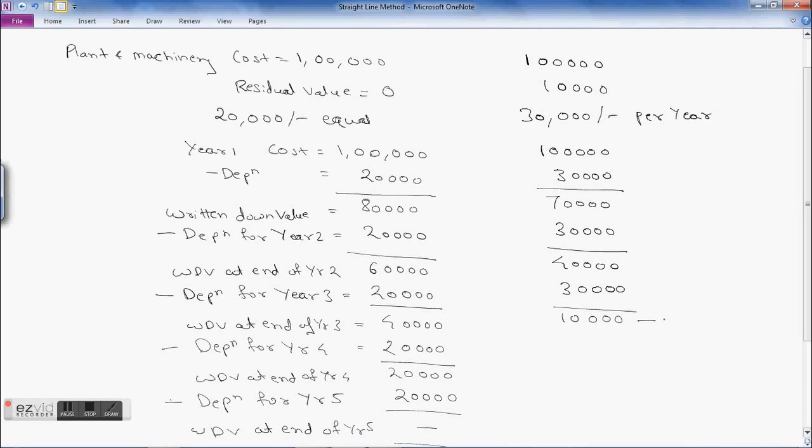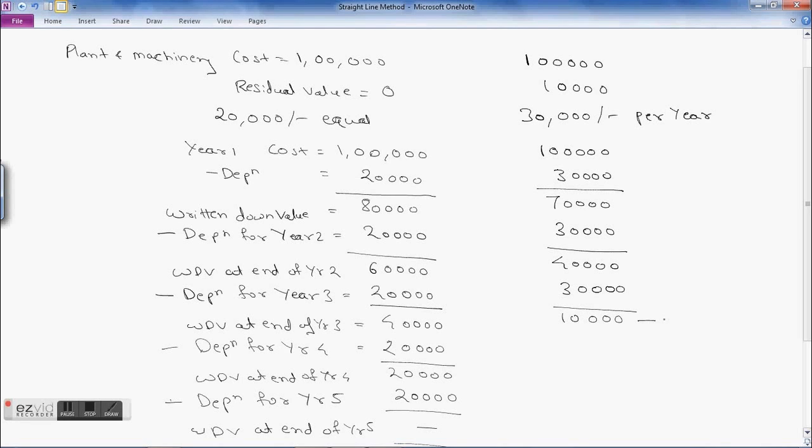So what happens by charging depreciation as per the straight line method? At the end of the life of the asset, you either get your residual value, or if your residual value is nil, the cost of the asset at the end of its life will become nil.